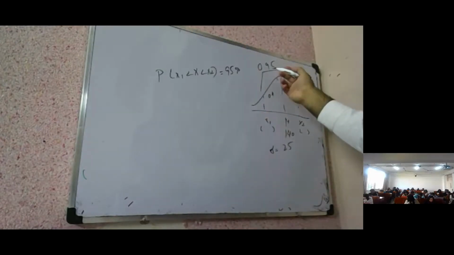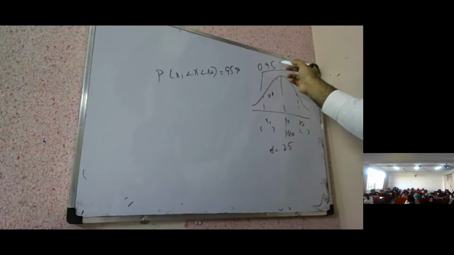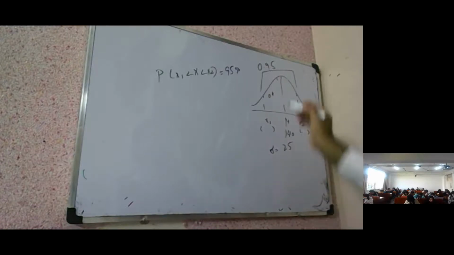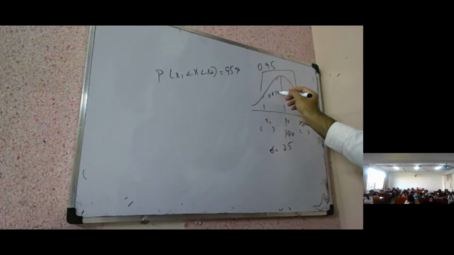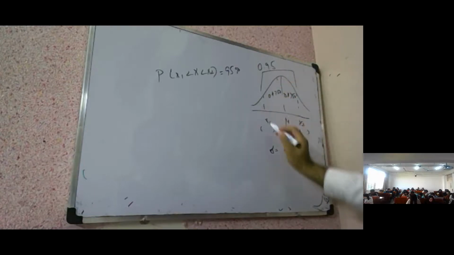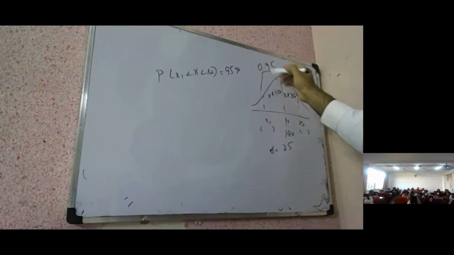You can just divide 0.95 by 2. So how much is this? 47.5. And this area is also 0.4750 because of the symmetry. You just divide it into 2. So together this one is 0.95.